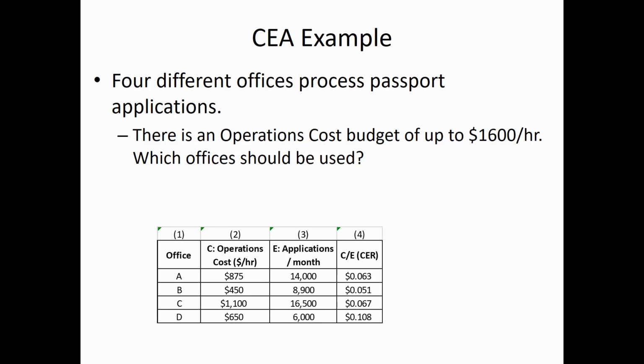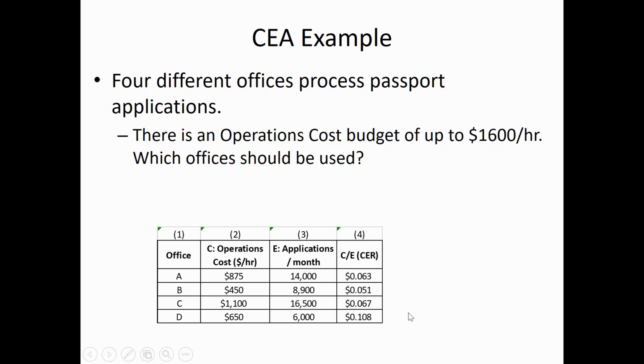So here in the cost effectiveness ratio, all we've done is take the costs, $875 per hour, and then applications per month, so we had C divided by E. The units of this would be dollars per hour divided by applications per month. And so if you want this cost effectiveness ratio to mean something that's more understandable and more tangible, you may need to reconcile the time units. But if all you want to do is compare these 4 different offices, you can leave it as is.